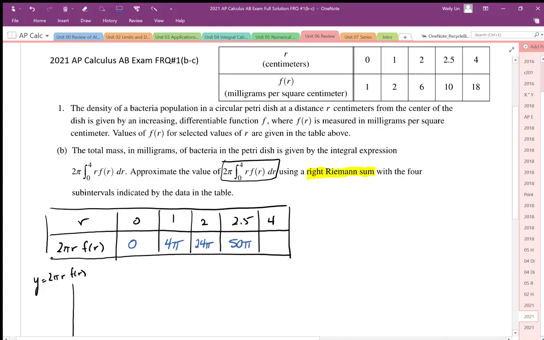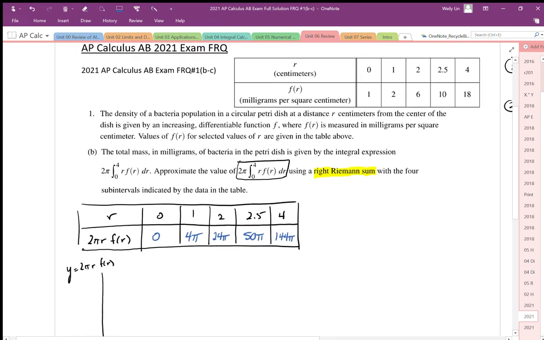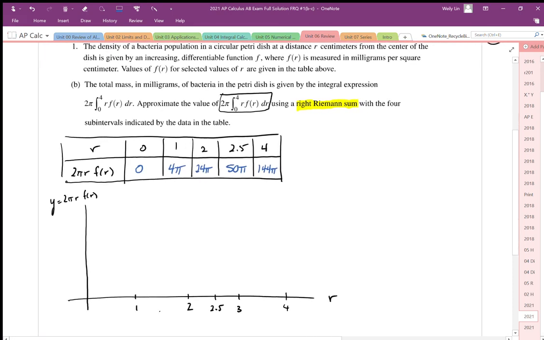And then for f of 4, I plug in r of 4, so I get 8 pi times f of 4, which is 18. For that, I get 18 times 8 pi, which is 144 pi. Okay, so those are my 2 pi r f of r values.